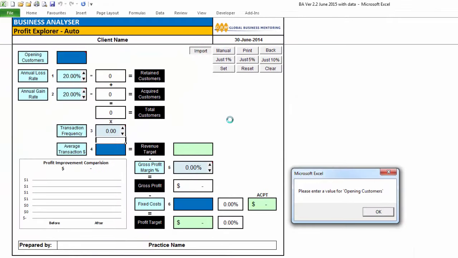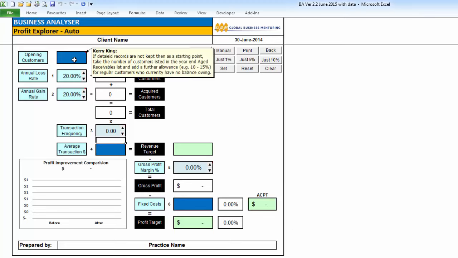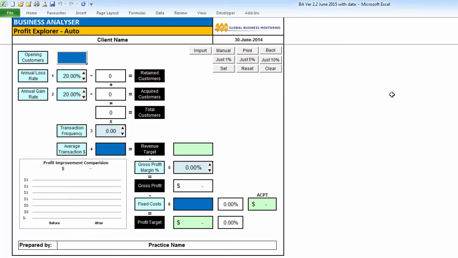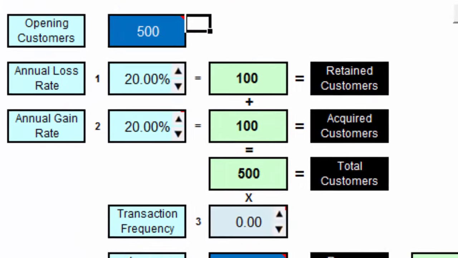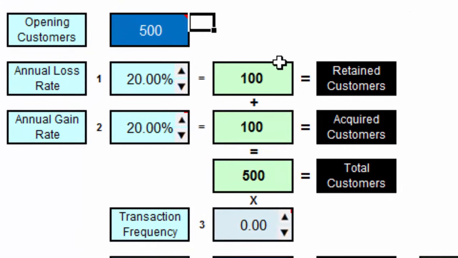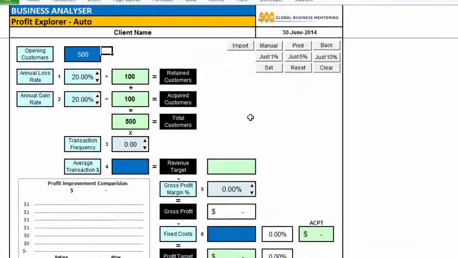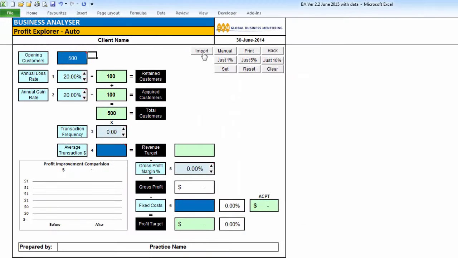With no data entered, it'll bring up this window that asks for customer numbers, and in this particular demonstration we're going to choose 500 active customers, and then we'll try, and you'll see that populates a few of the cells relating to customer numbers in this business. And we'll try one more time.